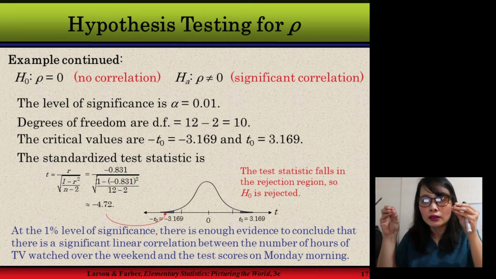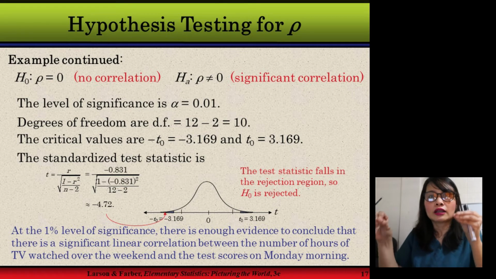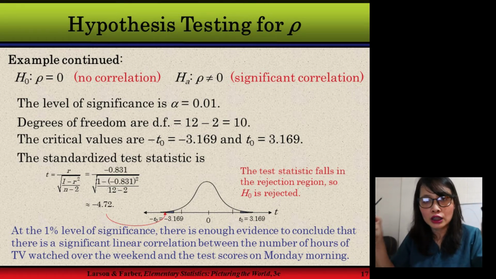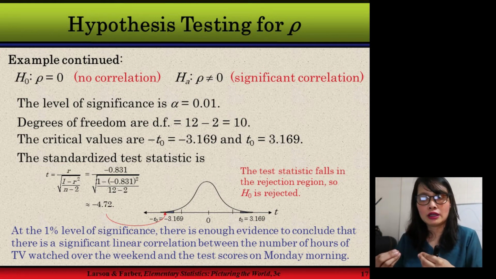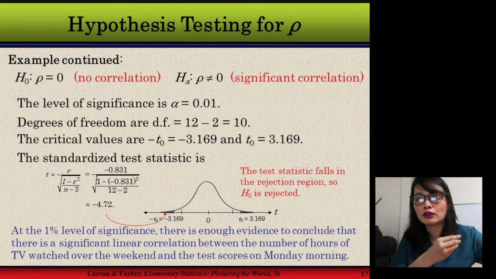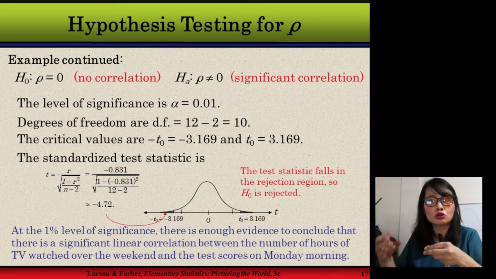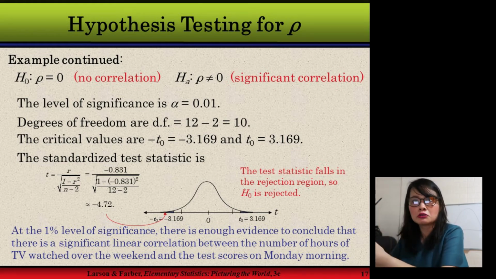Since it is within the rejected region, you need to reject your HO. Because your t value is negative 4.72, it lies within the rejected region, so you need to reject your HO. Therefore, if you're rejecting your HO, you need to accept your HA.